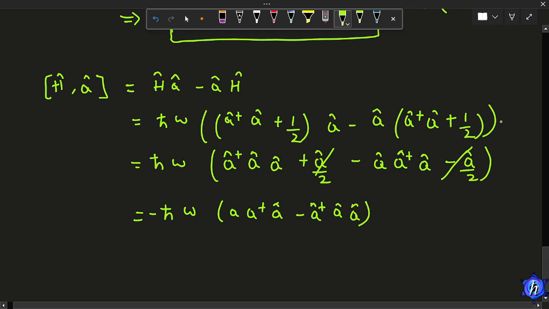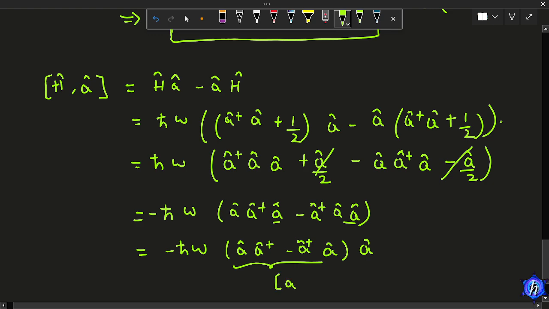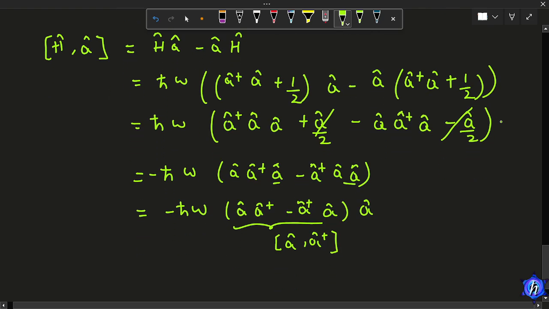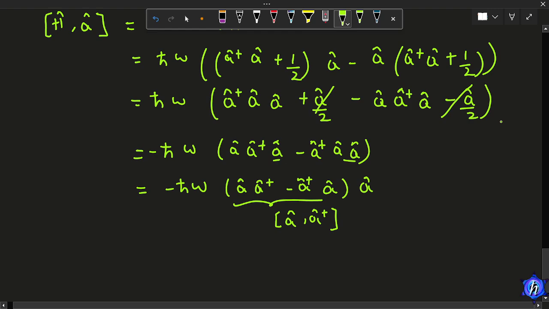I'm missing the hat on everyone. You can see that if I take A common from the right-hand side, this is nothing but the commutation relation between A and A dagger, and we calculated this to be 1.